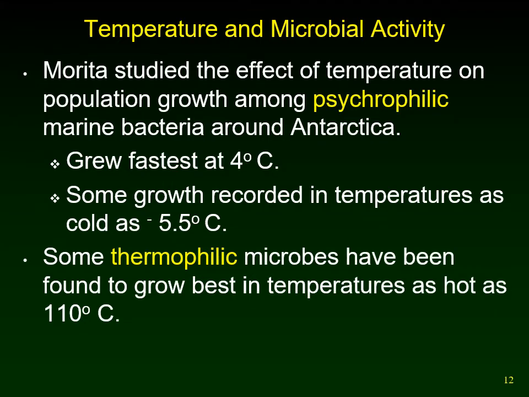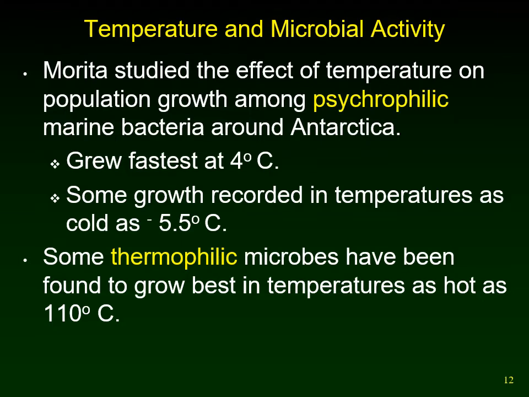On the other hand, some microbes can live at very high temperatures, and they have found microbes living in all of the hot springs that have ever been studied. So these ones that love the warm are called thermophilic, and they can grow at temperatures above 40 degrees Celsius is how they're defined.